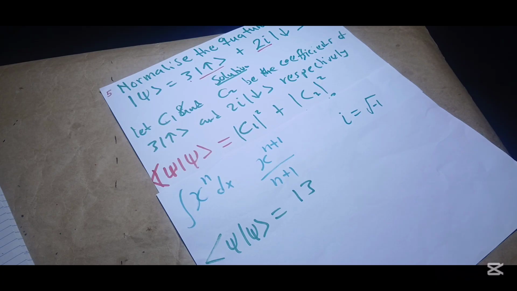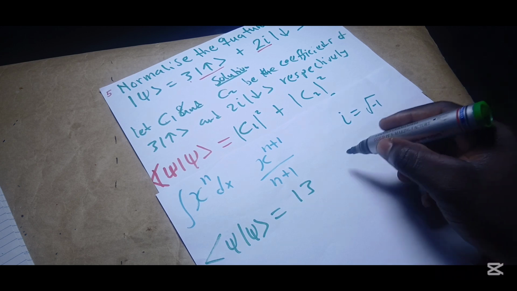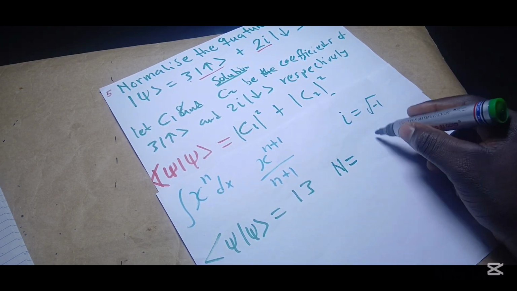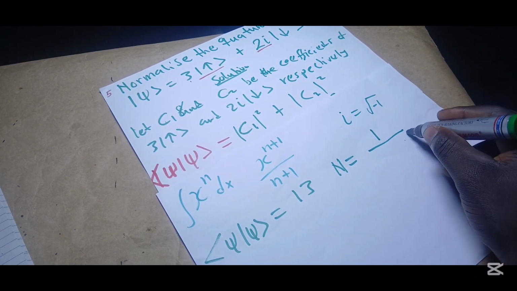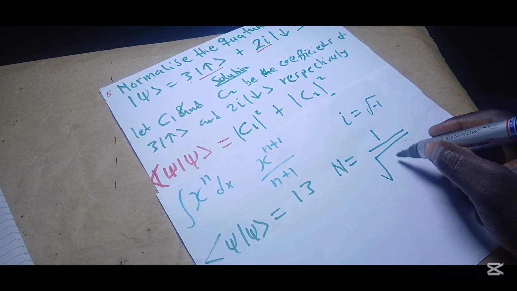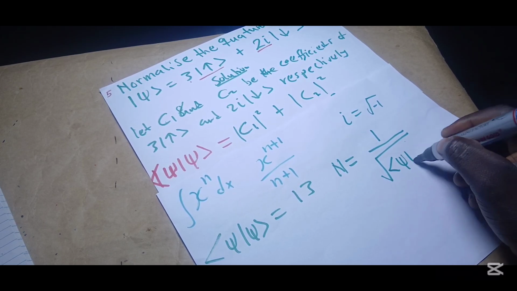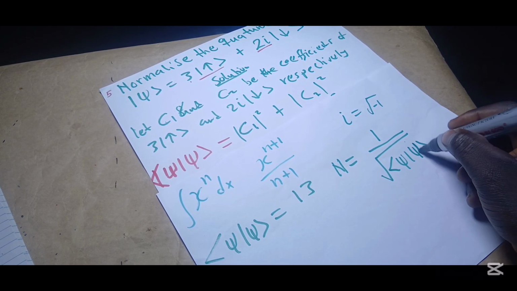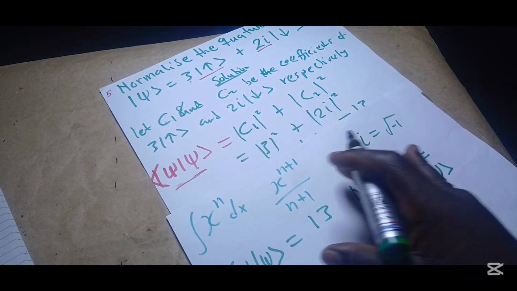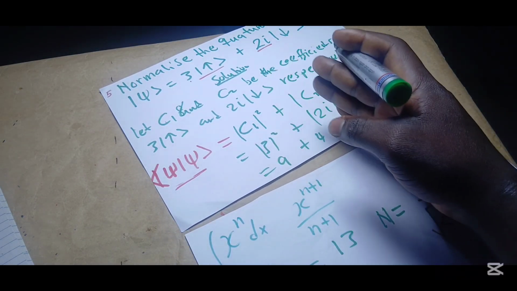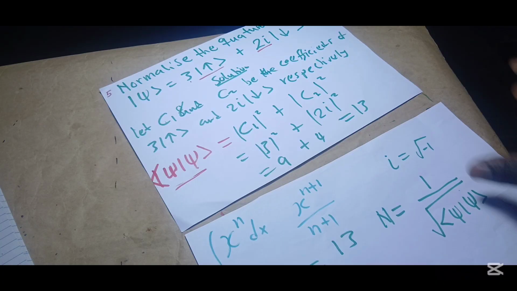The second part is to look for our normalization constant, which is equal to 1 over the square root of the norm. First step, look for the norm by summing up the absolute square of each coefficient of the state given.